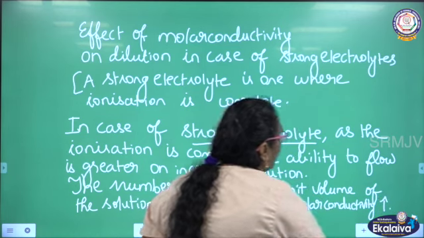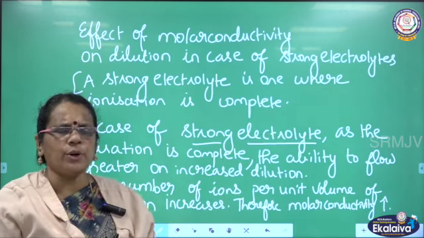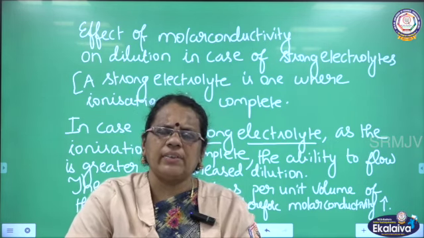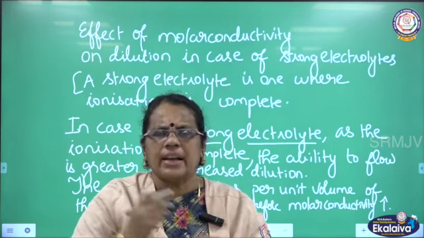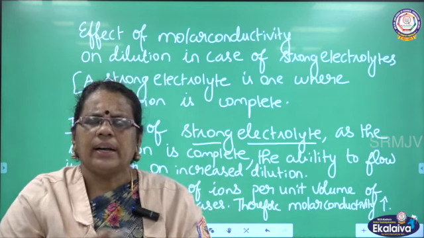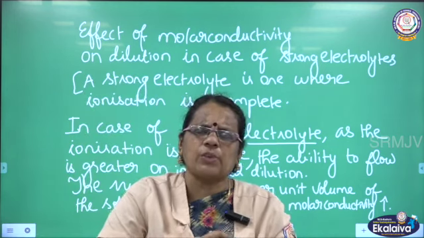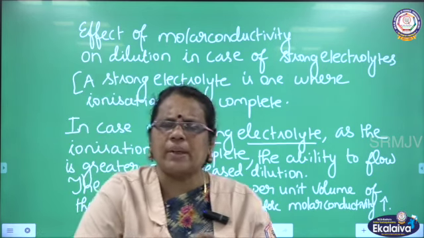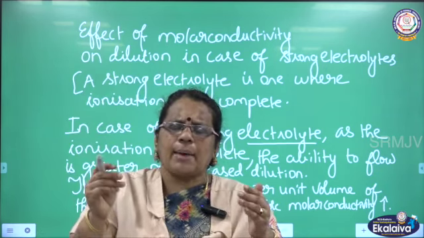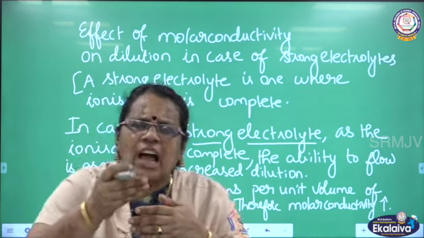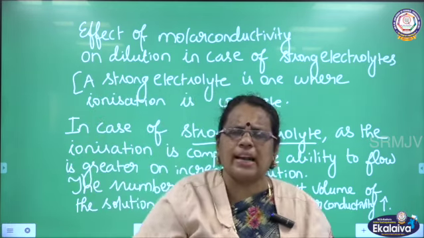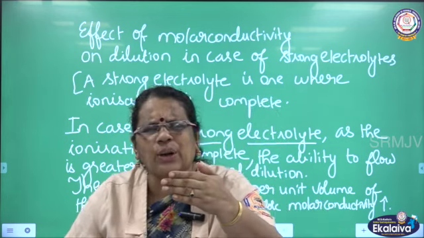Here I am going to talk about the effect of molar conductivity on dilution. I already defined molar conductivity: it is the conductance of the solution containing 1 mole of an electrolyte, as we saw in the previous video. Here I talk about strong and weak electrolytes.